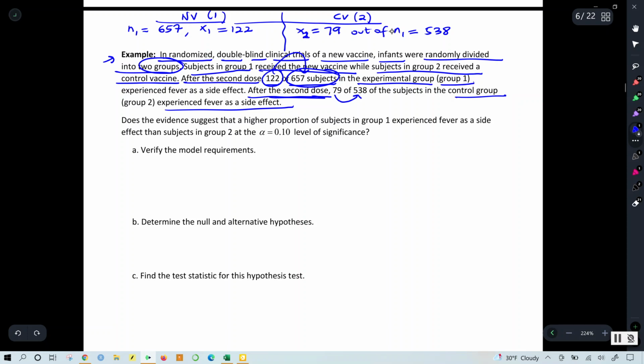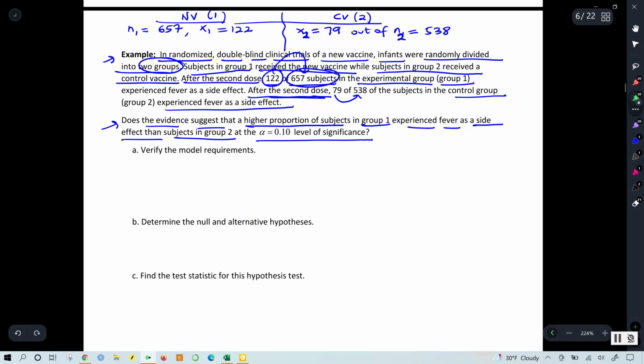Excuse me, this should be X2 and N2, rather. My apologies for that. Now, the question is, does the evidence suggest that a higher proportion of subjects in group 1 experience fever as a side effect than subjects in group 2 at alpha equals 0.10 level of significance?